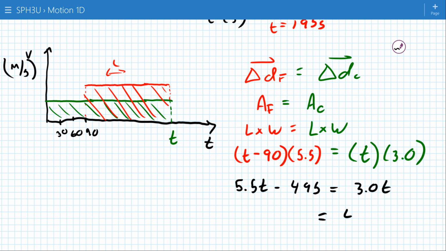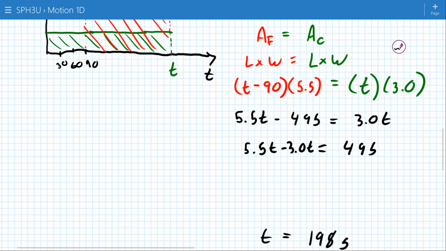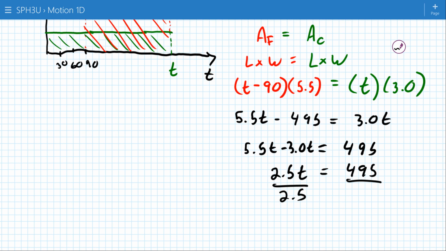I move the 495 over to one side, and the 3.0t over to the other side, and I get 2.5t equals 495, a little sneak peek at the answer there. Divided by 2.5, divided by 2.5, and I get a time of 198 seconds.